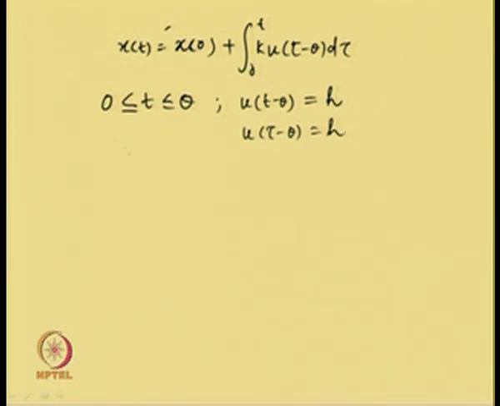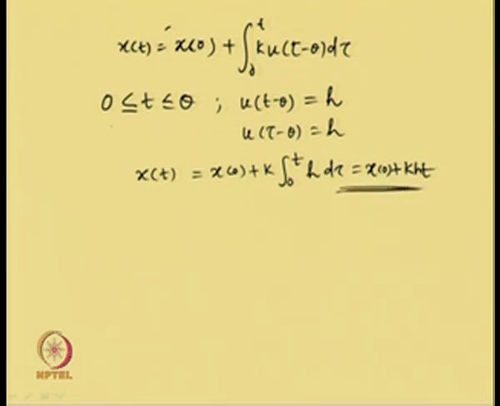Then the solution will be x(t) = x(0) + k, which we can take outside the integral, and this becomes h dτ, thus giving us x(0) + k h t. So, this is what we get as the solution of the state equation for the time from 0 to θ.